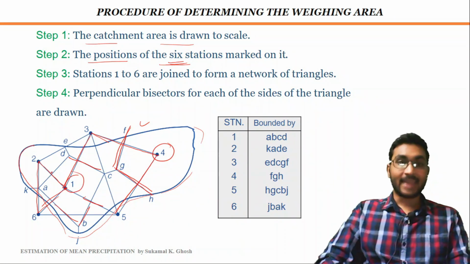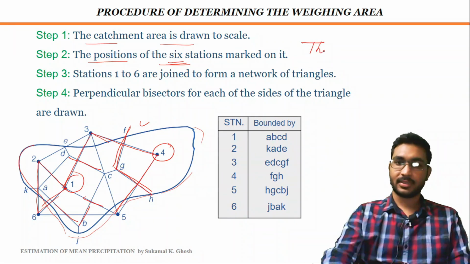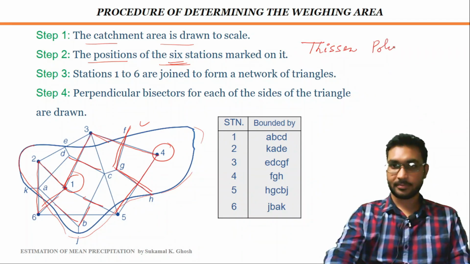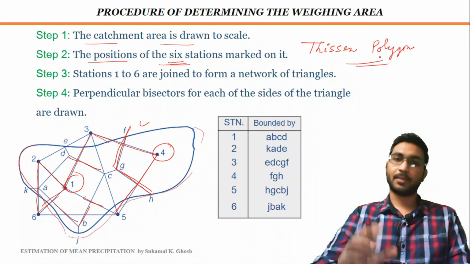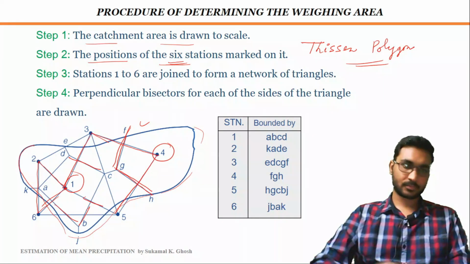Okay, and these polygons are known as Thiessen polygons. That is why this particular method is known as the Thiessen polygon method.